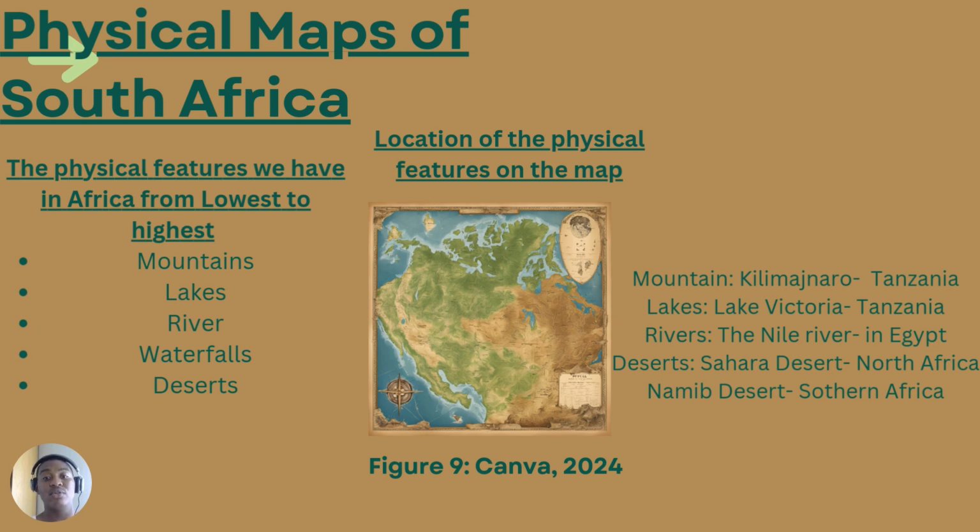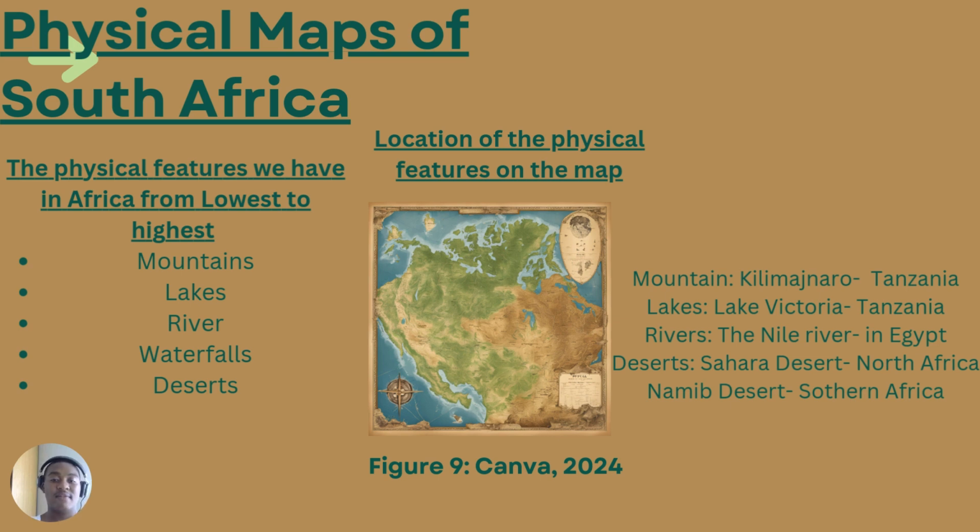We're gonna be doing only one of each: mountain, lake, river, waterfall, and desert. So we have our main mountain being Mount Kilimanjaro, which is located in Tanzania. And then we also have a lake, Lake Victoria, also found in Tanzania. We have rivers, for example, the Nile River that flows through Egypt and is found in the northern part of Africa.